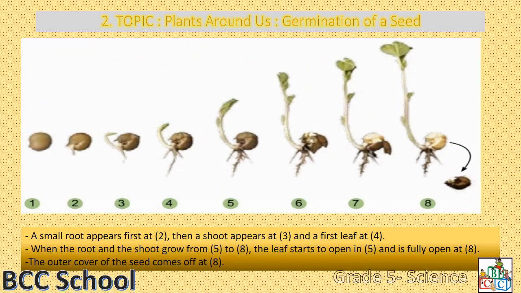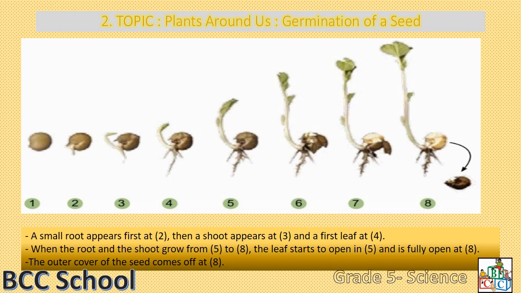Topic 2. Plants around us. Germination of a seed. We can see in the picture there are 8 parts of a seed. Let us read the explanation first.